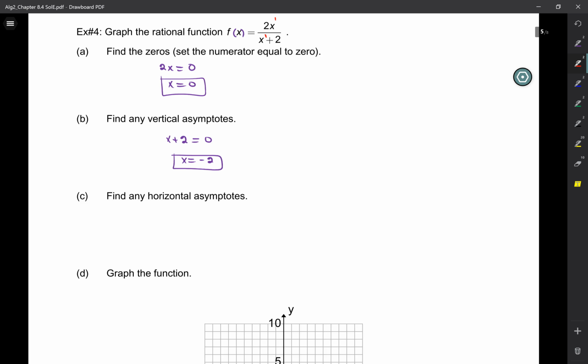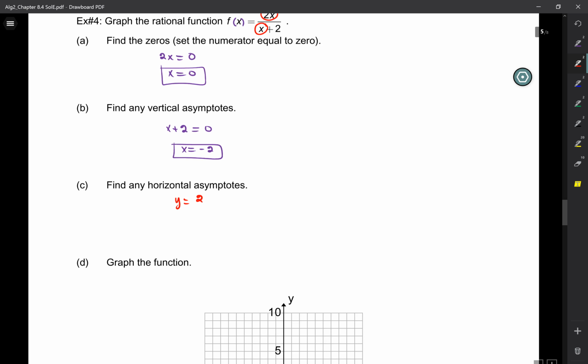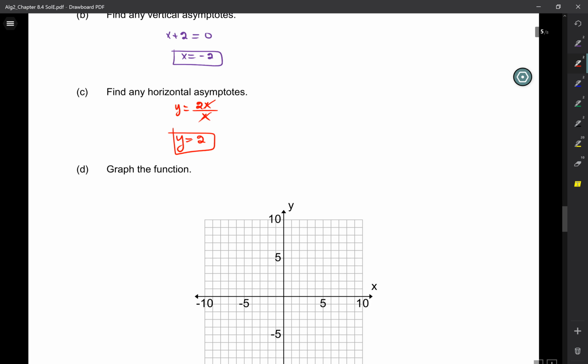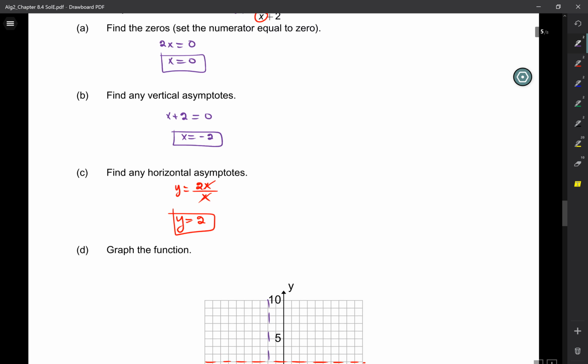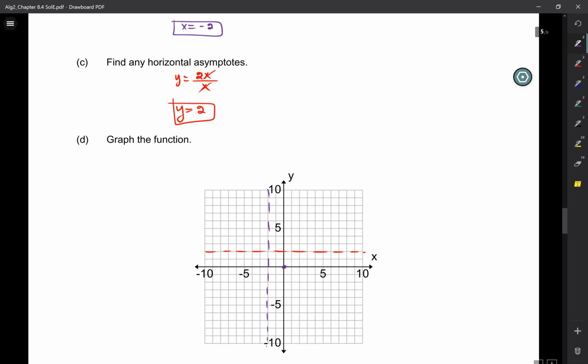When they're the same degree, we take the term with the highest degree on top and the term with the highest degree on the bottom: 2x over x, and I simplify. The x's cancel, y equals 2. So now I have y equals 2. The vertical asymptote is x equals negative 2. And there is a 0 at x equals 0.